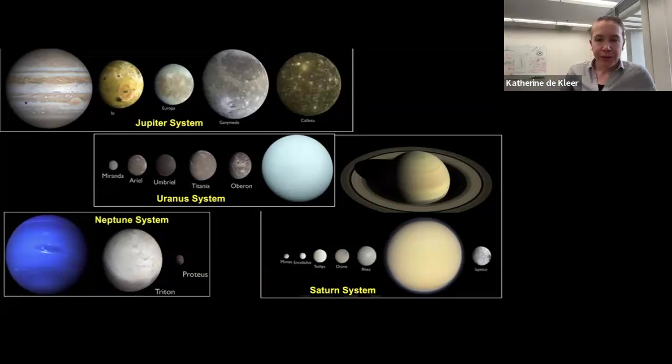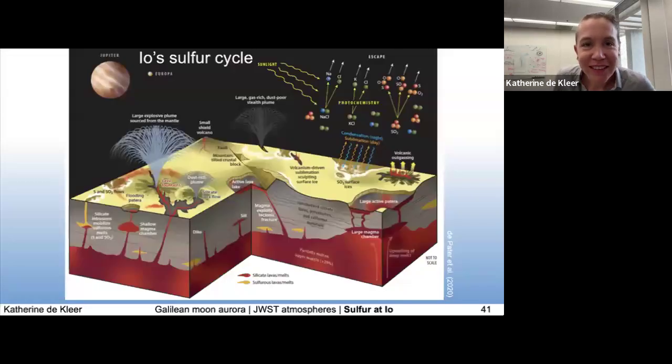Yes. So I didn't have time to go into that story in as much detail, but I think it's on the slide as well. So the sodium chloride, and also we observe potassium chloride with ALMA as well. They are outgassed in the volcanic plumes, and that is predicted by these magma degassing models.